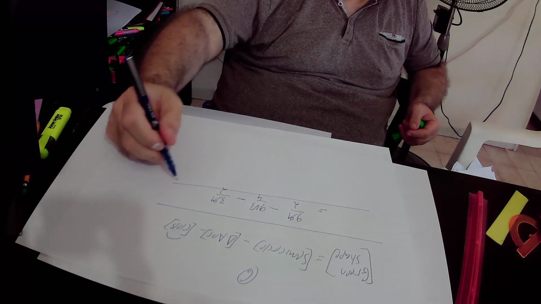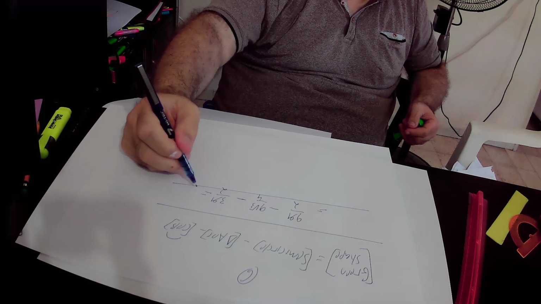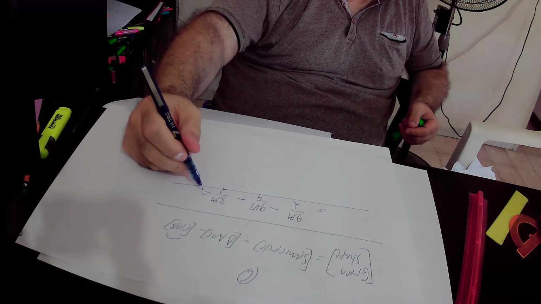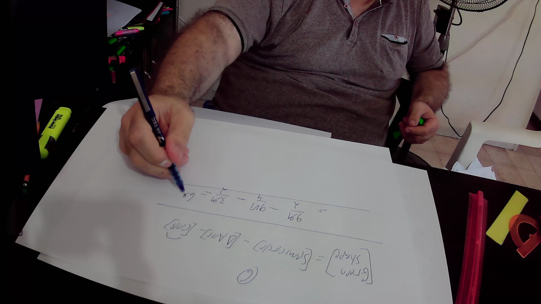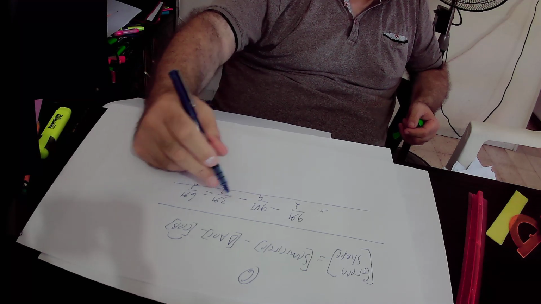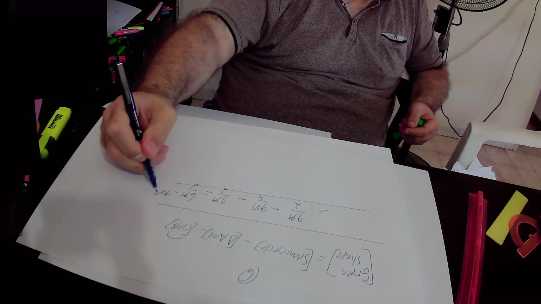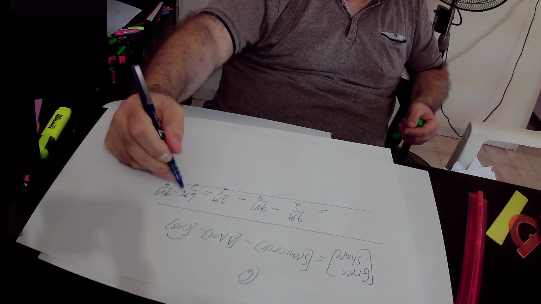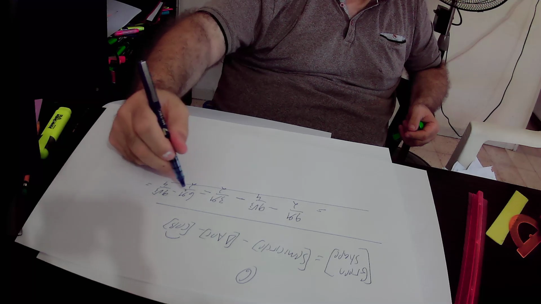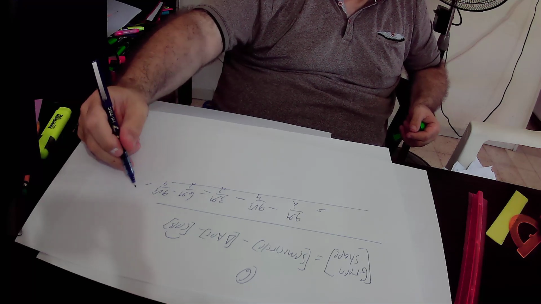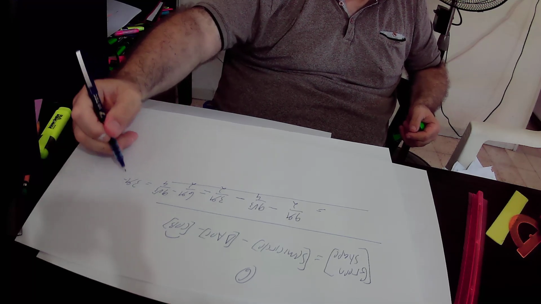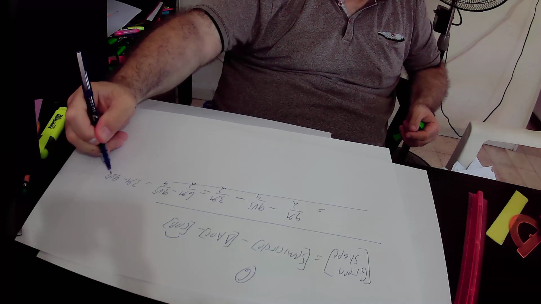So here we have 9 pi over 2 minus 3 pi over 2 equals 6 pi over 2. And we have left here minus 9 times root of 3 over 4. 6 over 2 is 3. So this expression in total equals 3 pi minus 9 times root of 3 over 4.